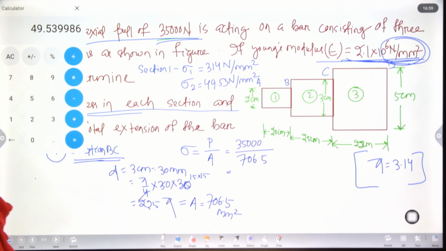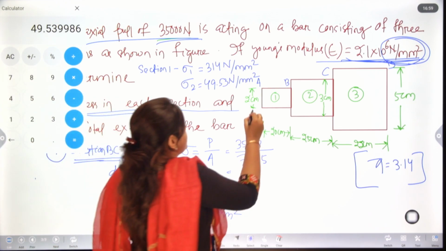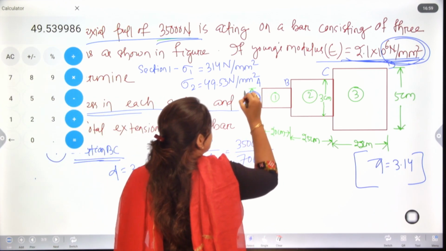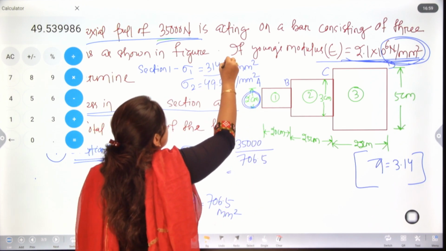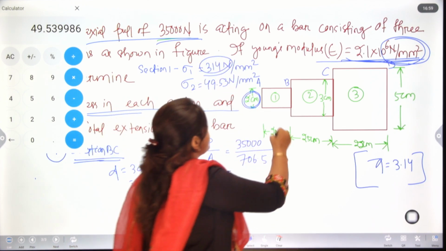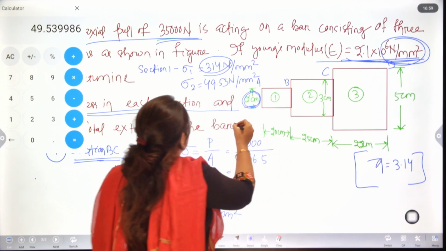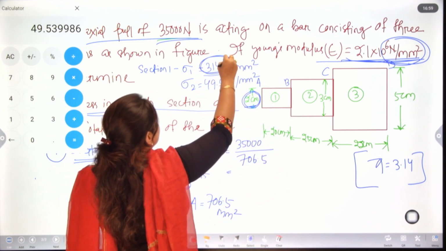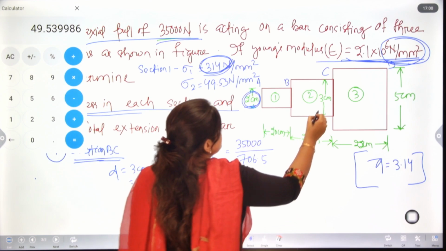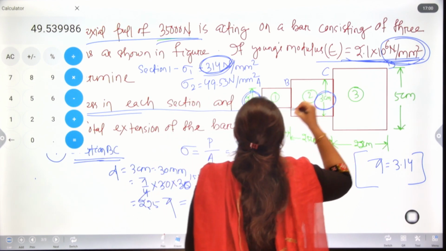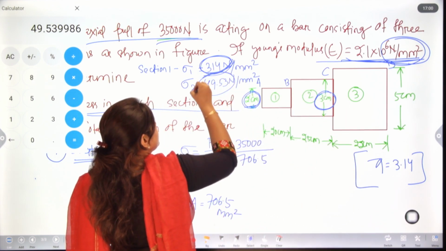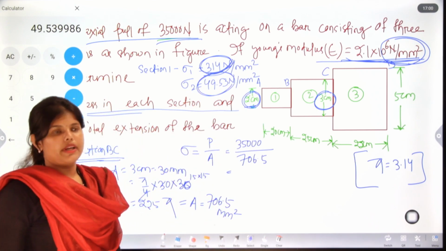As you can see, if our diameter increases, our stress decreases. Here, 2 centimeter, that's why sigma 1 is 314 Newton per mm square. As the diameter increases by 1 centimeter, you can see the decrease in stress value.